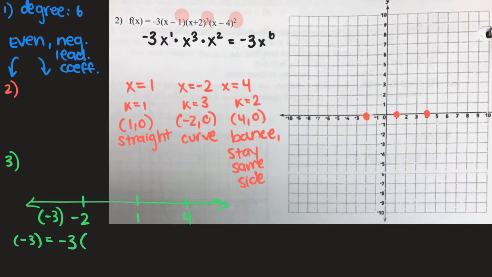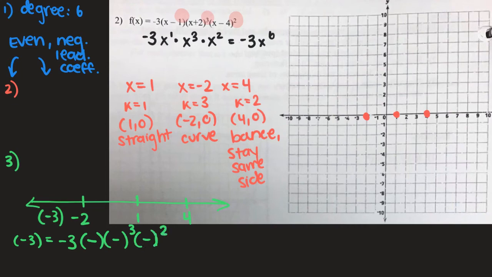Negative 3 minus 1. That's going to be a negative number. So I'm going to put that negative there, okay? Then I have negative 3 plus 2. Well, I know that that's also a negative number. It's negative 1, but I don't care about the number. But it's a negative cubed, okay? And then the last one is negative 3 minus 4. That's definitely a negative number, but this number is squared.